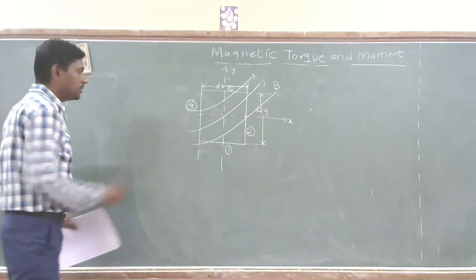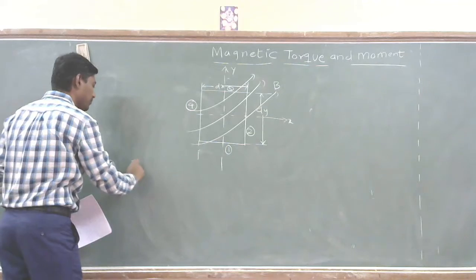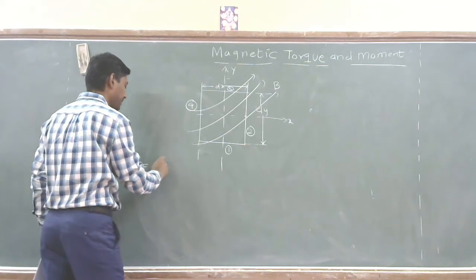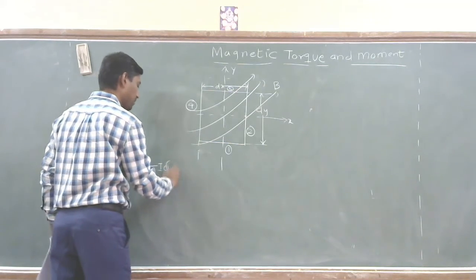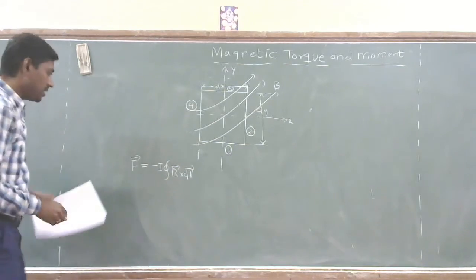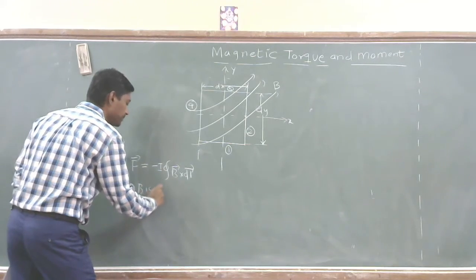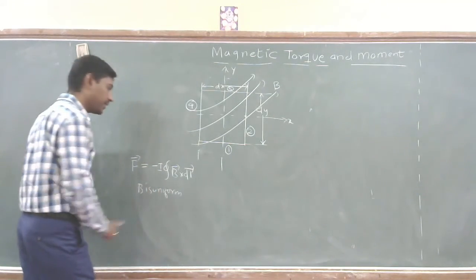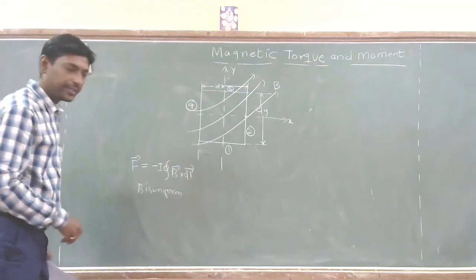Now, before I proceed, there is one interesting fact. We know that the force on the filament is given by minus I integral of B cross dl. If I say that B is uniform, I can pull it out from the integration.